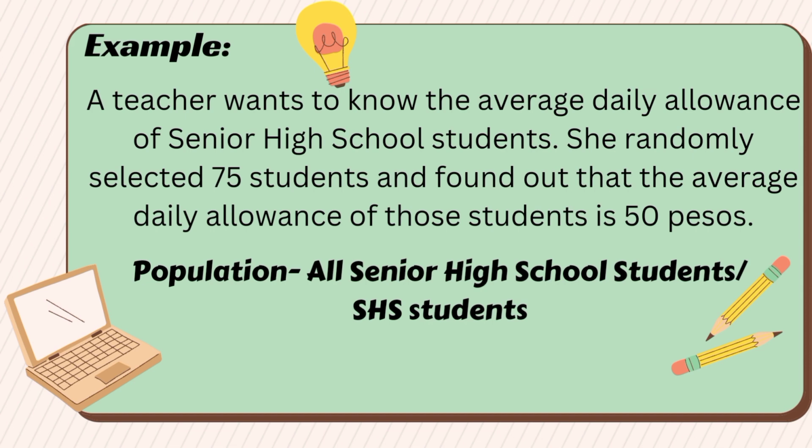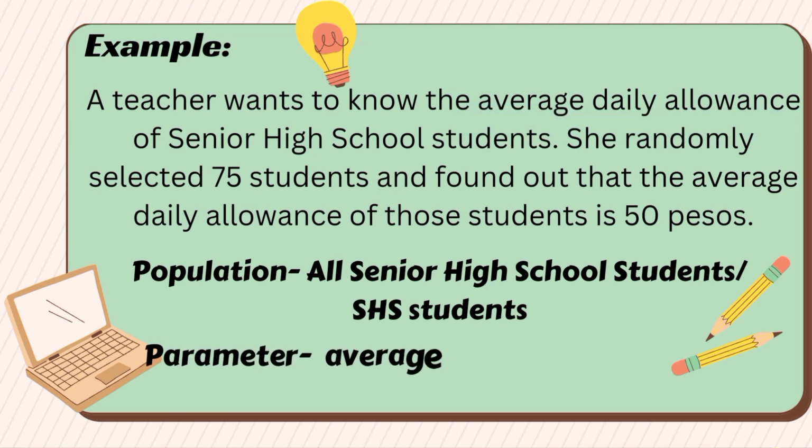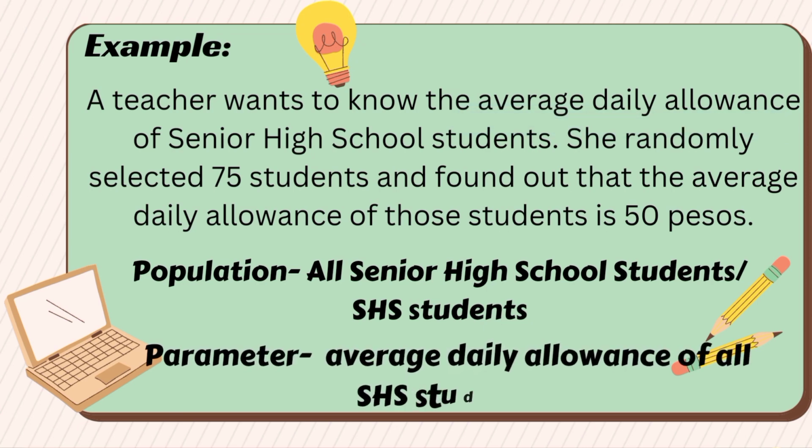From the given problem, what describes our population? What tells us about our population? The average daily allowance describes the population. It pertains to the population. Our parameter is the average daily allowance of all senior high school students. The word average is our keyword in identifying our parameter.